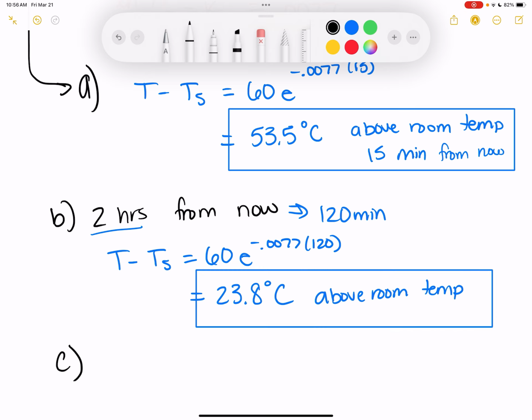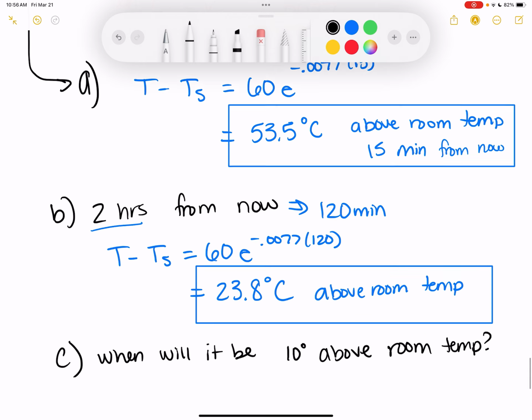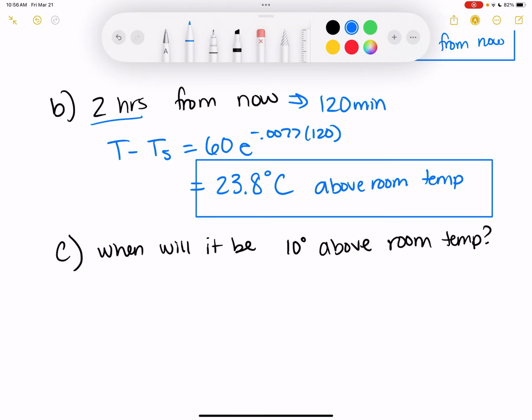Then part C says, when will it be 10 degrees above room temperature? So what am I actually trying to solve for this time? Yep. So T is what I want to find. So that means my T minus T sub S in this case is 10, because that's what I'm ultimately trying to find.